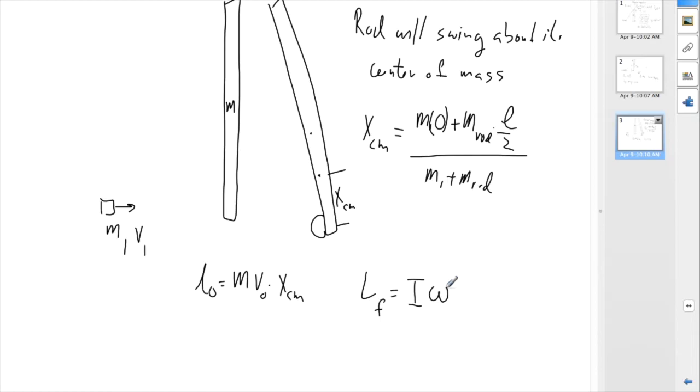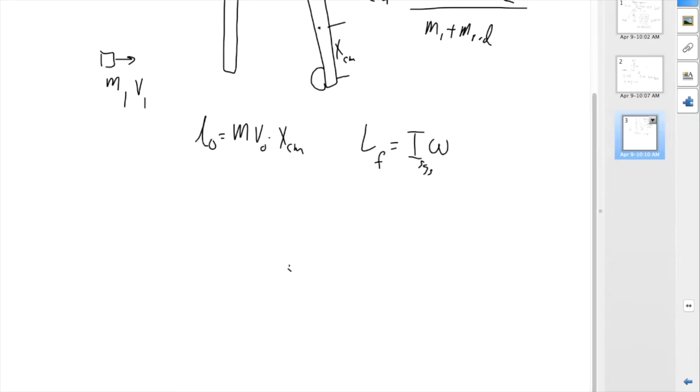And where I need to be careful here is calculating my I. In this case, I of the system is going to be M1 X center of mass quantity squared. That's the contribution of this hunk of clay, which is located a distance X center of mass away.